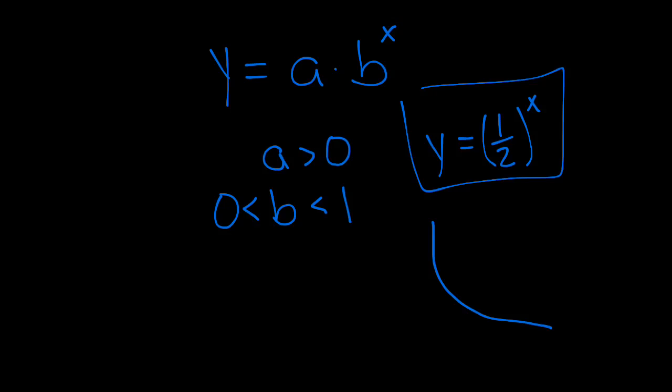One other difference, we could rewrite y equals 1/2 to the x. This would be the same as y equals 2 to the negative x. So if we see a base that's greater than 1, but with a negative exponent, again, that's really the same as flipping that 2 over and making it a 1/2 to the positive x.